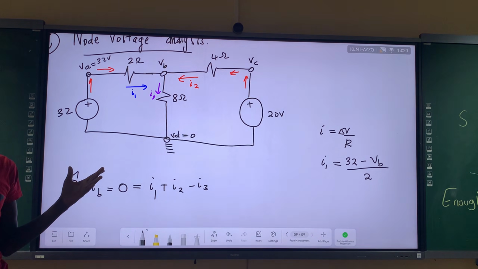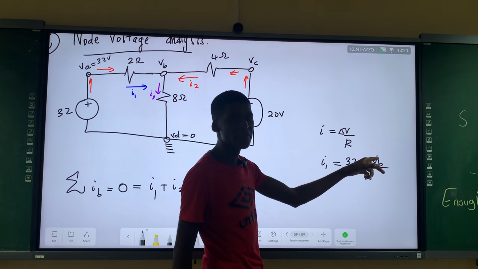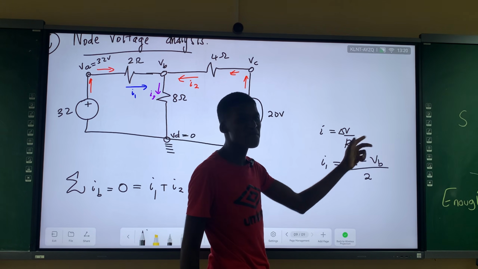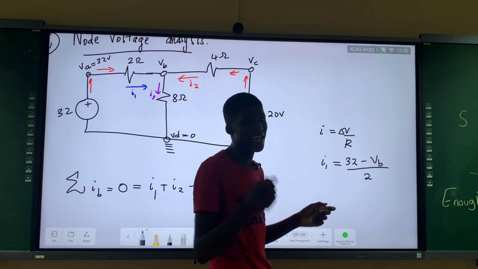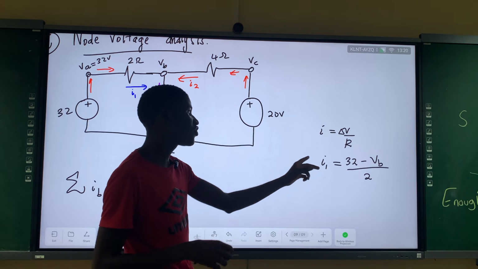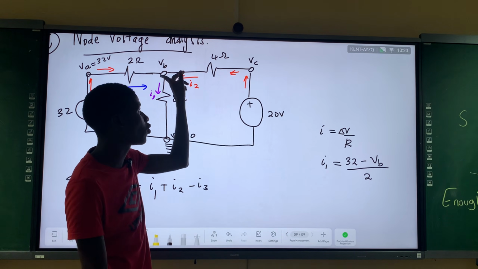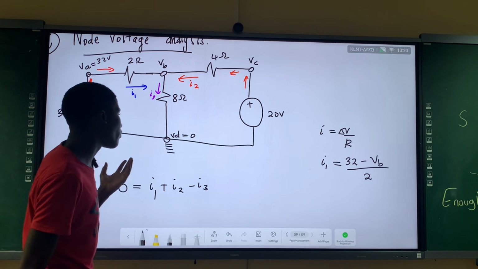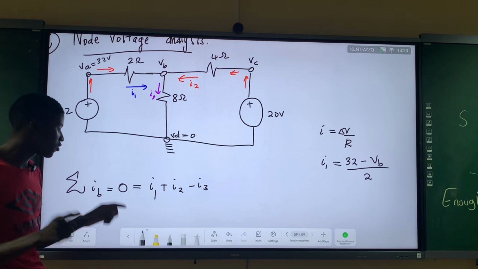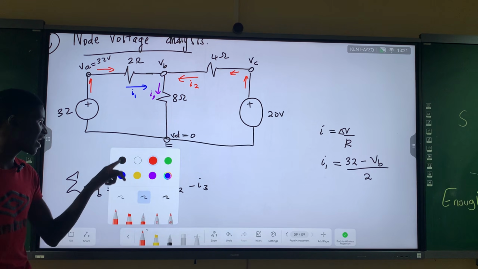Mathematically, all of it can still work because 32 minus VB is the same as VB minus 32, but there's just a negative sign. So mathematically you can use either way, but let's use a number minus the potential on the node. So current I1, we're done. We are doing node voltage analysis. So we are done with analyzing current I1.